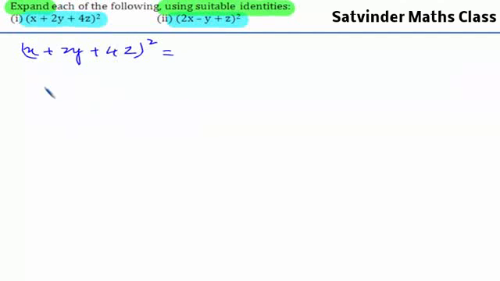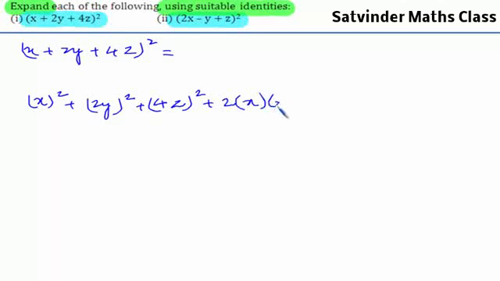is equal to, let's put a², which is x², plus (2y)² plus (4z)² plus 2 into ab, which is x into 2y, plus 2 into bc, which is 2y into 4z, plus 2 into ca, which is 4z into x.